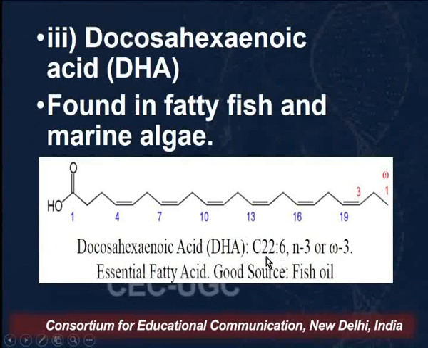And then this acid has 22 carbon atoms in it, and how many double bonds? 1, 2, 3, 4, 5 and 6 double bonds. So 22:6. 6 indicates it has 6 double bonds, and omega-3 indicates that it is an omega-3 fatty acid, and the first double bond from the methyl end or the omega end is at the third carbon.